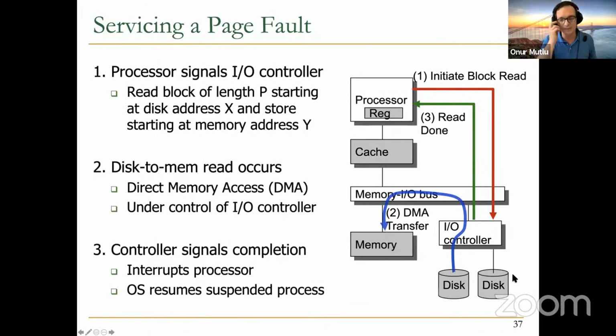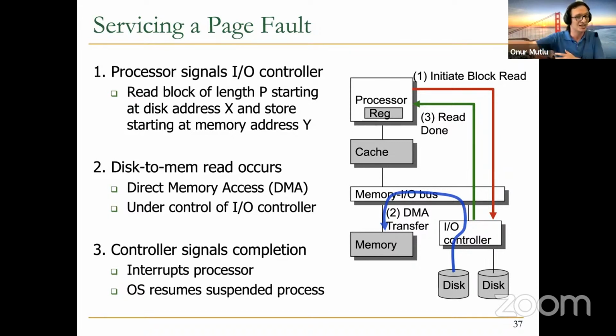Let's take a look at it in a little more detail from the system perspective. To service the page fault, the processor needs to signal the IO controller so that it reads a block of length P, the page size, starting at some disk address, and stores it starting at memory address Y. So you need to do a disk to memory transfer. This needs to be orchestrated by the operating system, which also needs to know exactly where on disk the page you're looking for is.